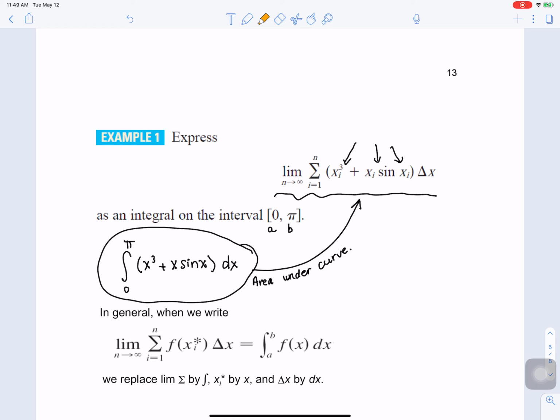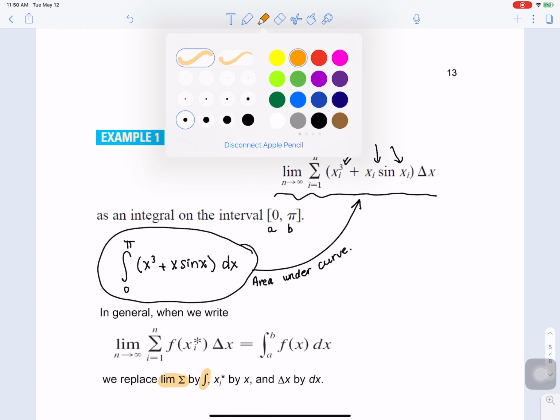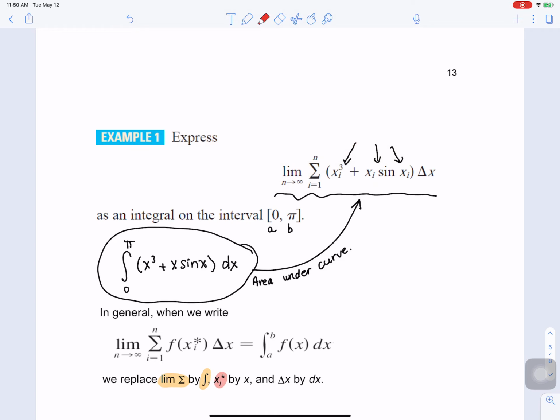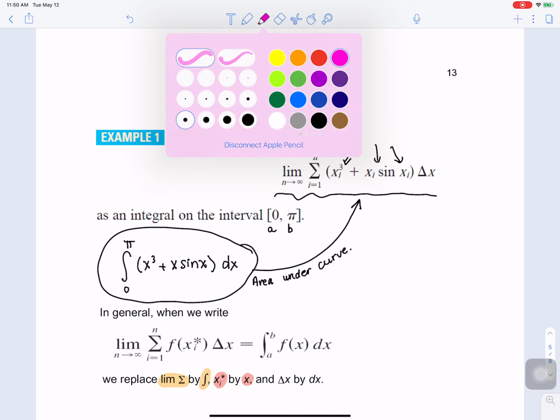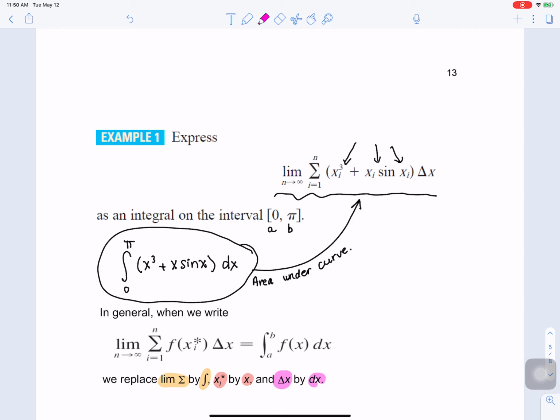So remember, we're taking the limit and we replace it with the integral symbol. We take the xi's and just replace them with x. And we take delta x and replace it by dx. So literally that's all that's happening.